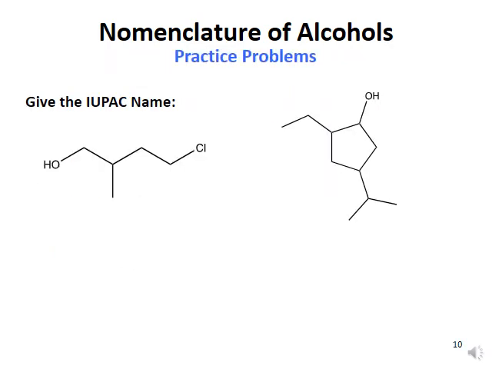All right, so IUPAC names. Clearly there's no common name that can be used here because these aren't simple alcohols. IUPAC name says longest chain that includes the alcohol group. Hey, where does the carbon start here? Is this a carbon? Is this a carbon? And the answer is no and no. This is a carbon, that's a carbon, that, and that. So the longest chain is 1, 2, 3, 4.